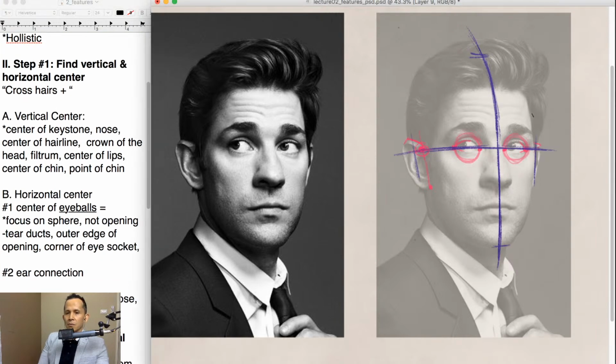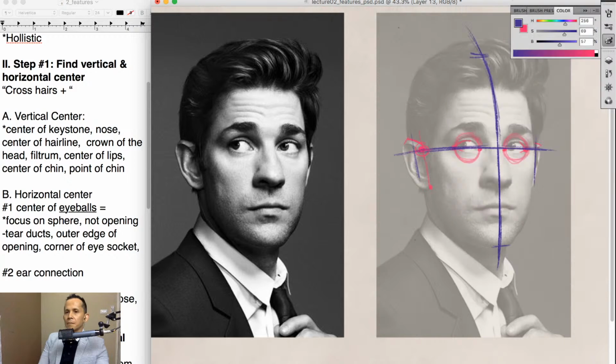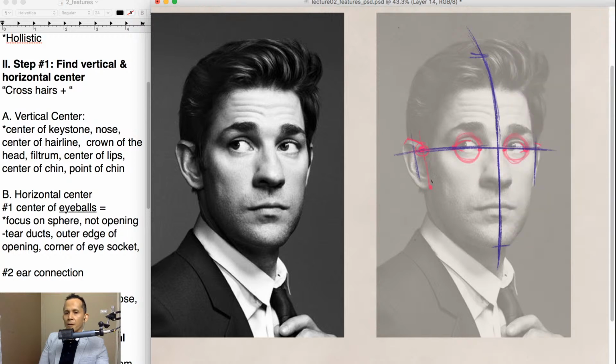And also, the ear is an important landmark, because the bottom of the ear will eventually give you the bottom of the nose. The top of the ear will give you the brow bone. You see that?